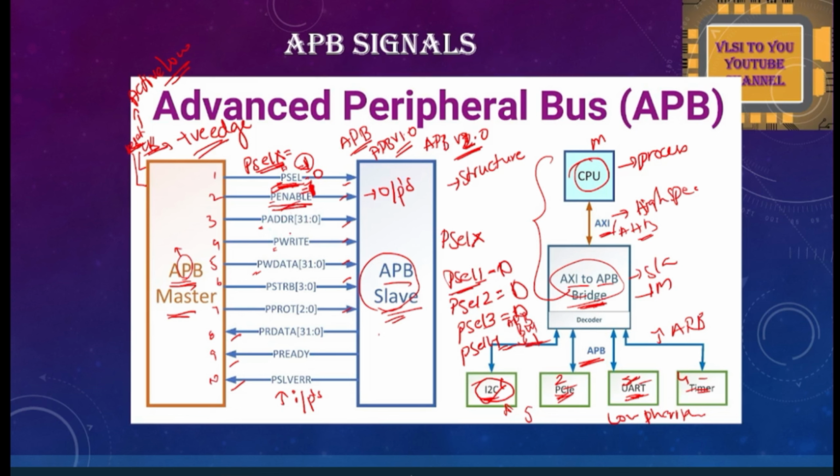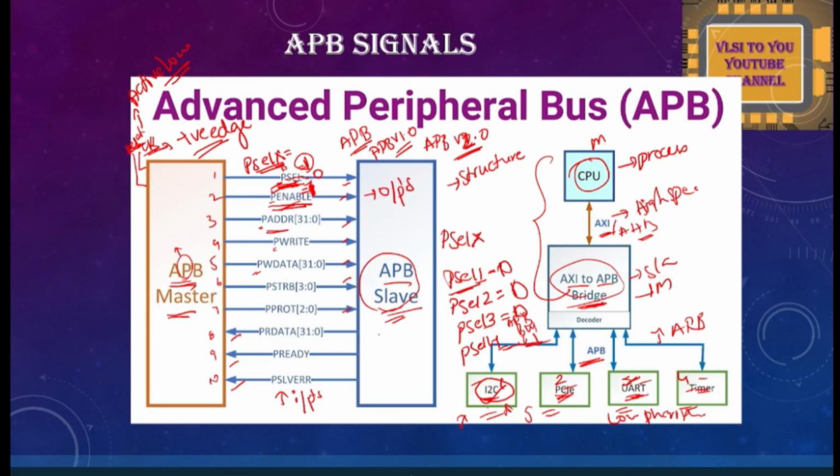After PENABLE equal to 1, the slave is selected. For example, if you see here, there are four components, and every component will have its registered address, right? That address is given by PADDR.